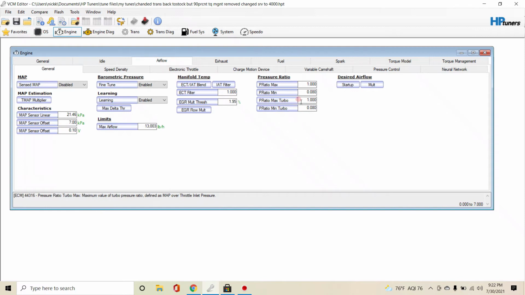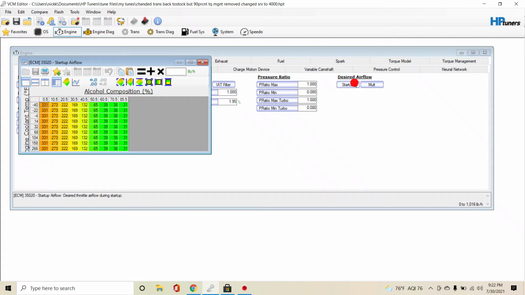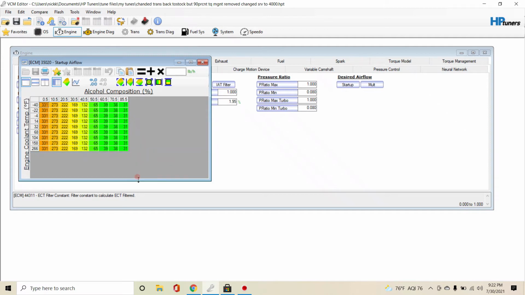It says maximum value of turbo pressure ratio defined as MAP over throttle inlet pressure. So it's MAP versus the inlet pressure of air coming in. And your desired airflow on startup: these numbers are airflows, reading how much air is coming into the engine to start up.